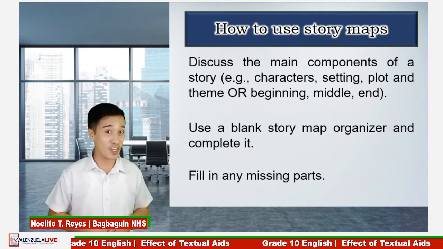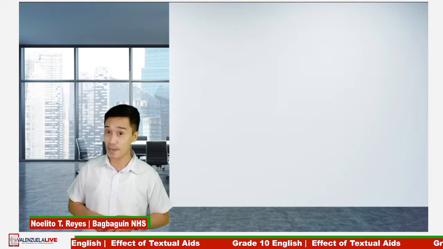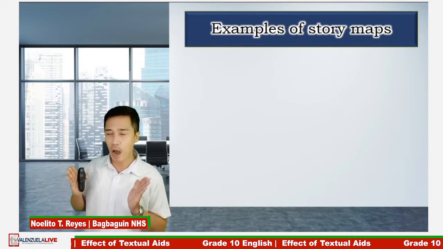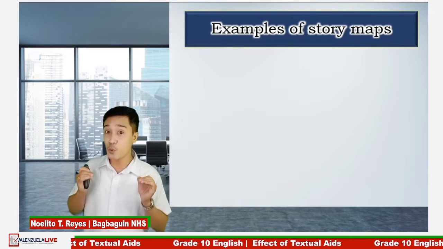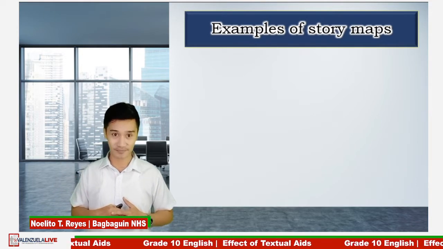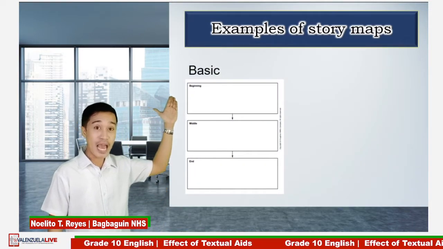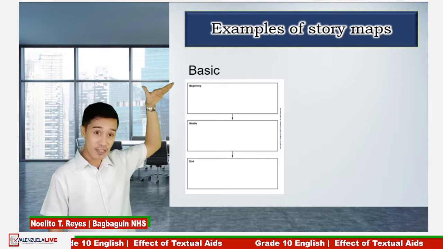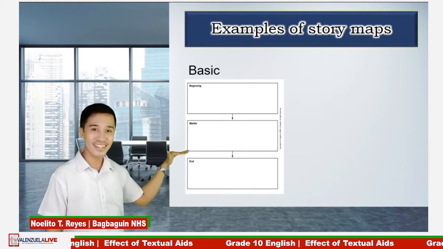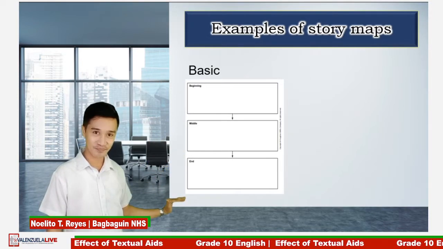I have here an example of a basic story map and a more complex story map from readingrockets.org. This is an example of a basic story map that focuses on the beginning, middle, and end of the story.